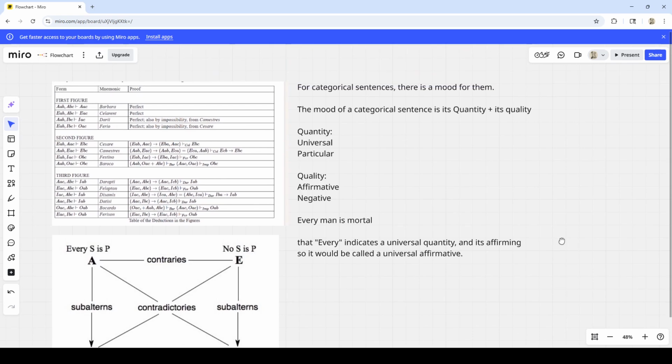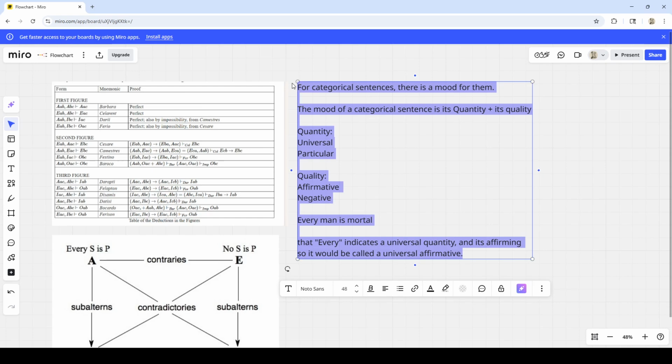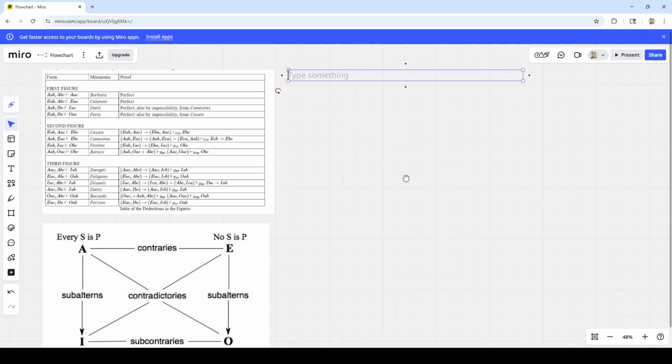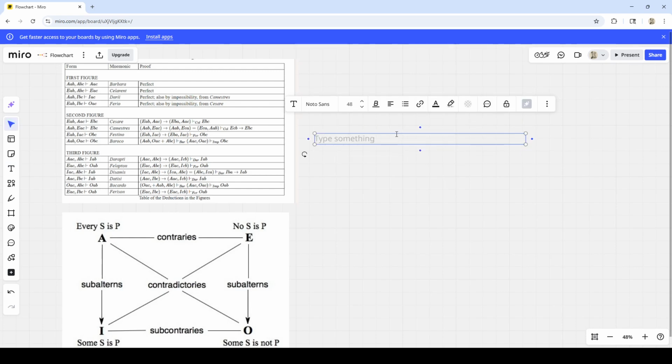So the square of opposition is a really fun tool for logic. It's been used for a long time actually. So let's quickly go over the Aristotelian square of opposition. In the square of opposition, we have four moods for categorical sentences.